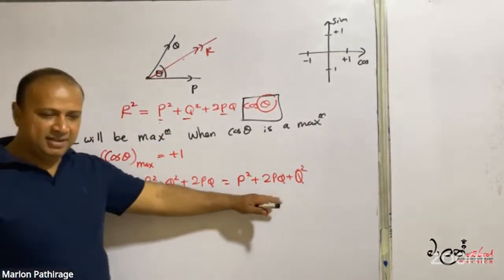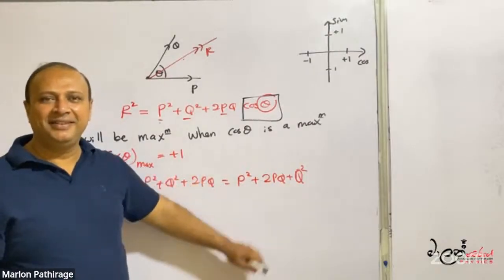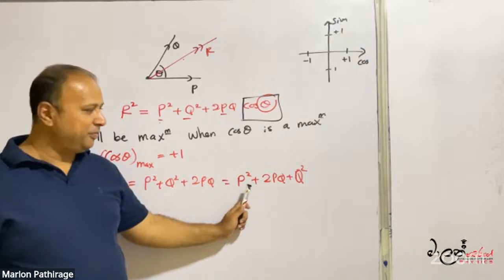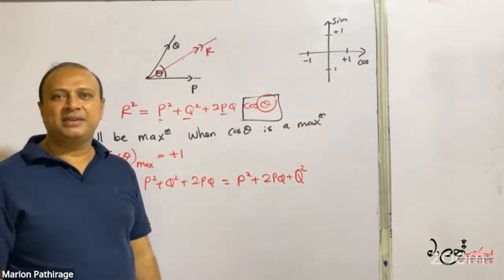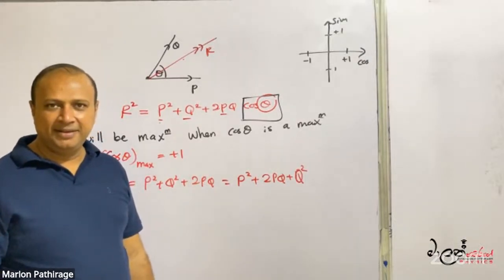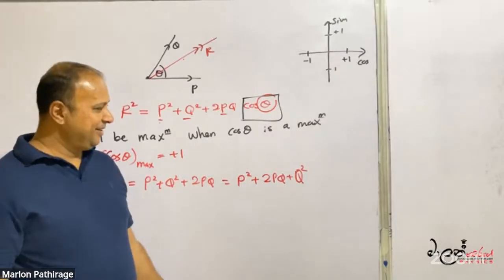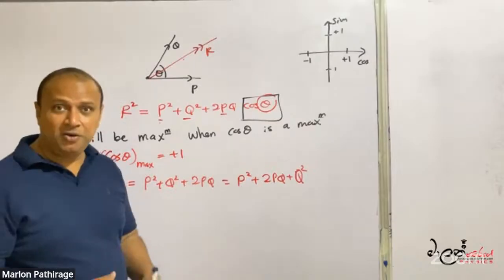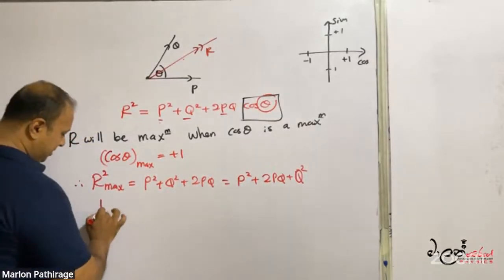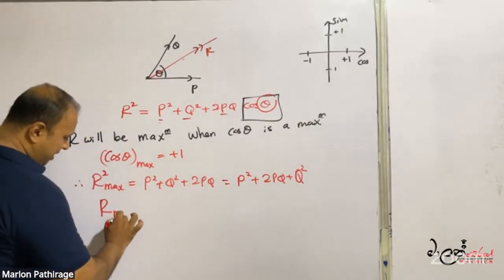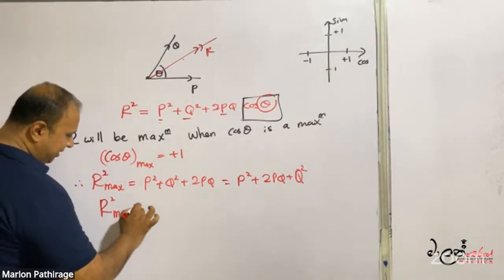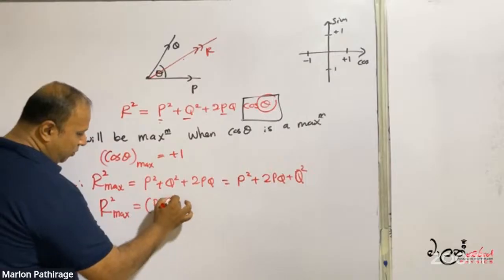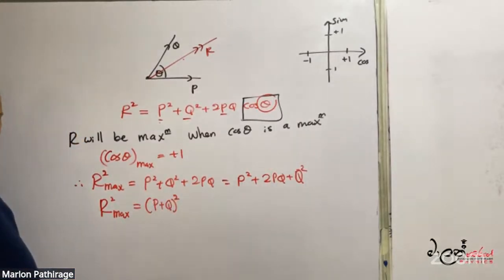So, what is this? P square plus 2PQ plus Q square means this is equal to P plus Q entire square, no? Whole square. Therefore, R maximum square is equal P plus Q whole square.